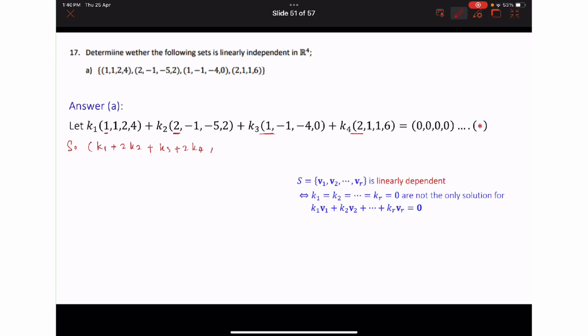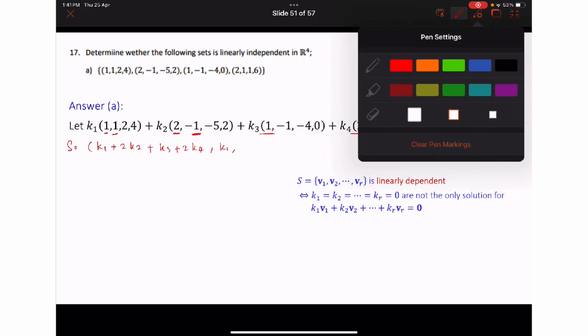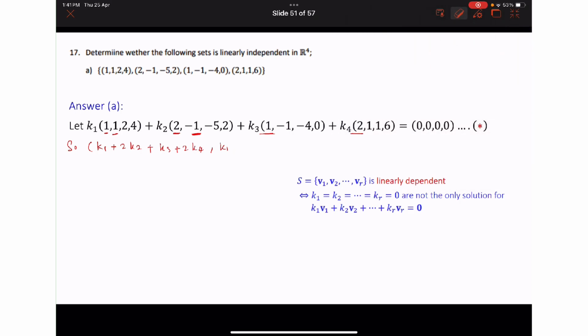Okay, and then the second component K1 minus K2 minus K3 and plus K4. We do the same for the third and fourth component, and they are all equal to zeros.